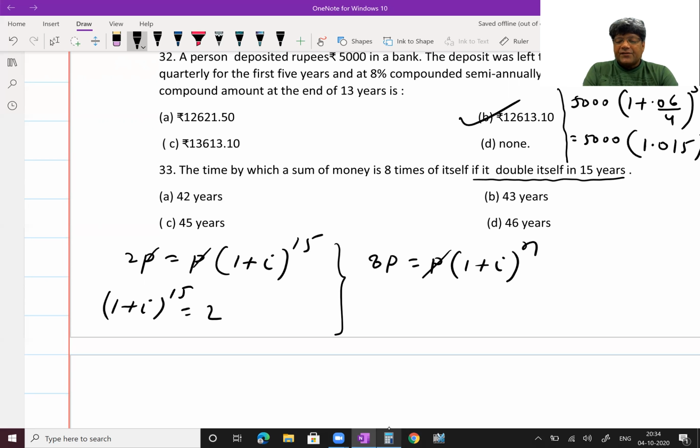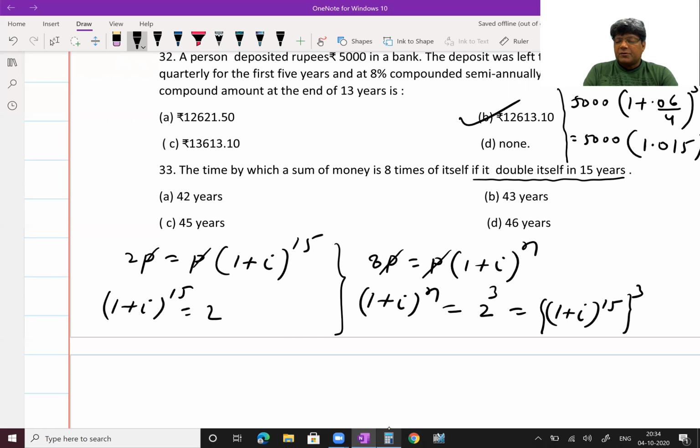Now P P cancelled. So guys, (1 + i)^n is equal to 8. And that 8 we can write 2 cube. And 2 we are understanding (1 + i)^15. That means ((1 + i)^15) whole cube.